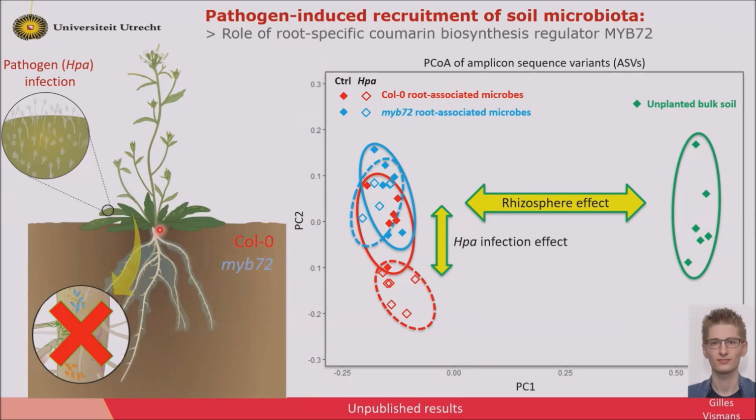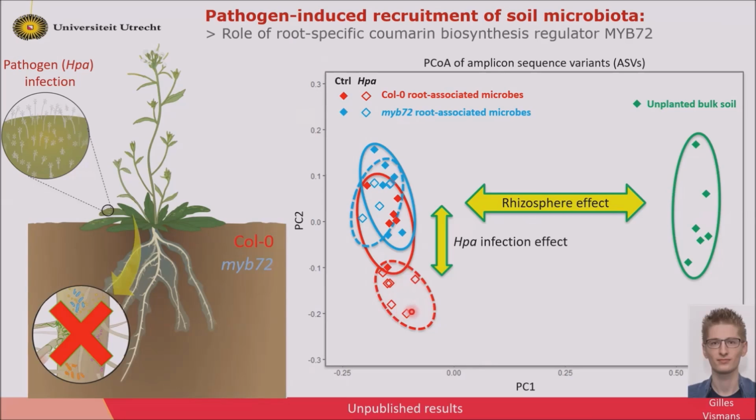So if you grow the wild-type plant in the soil and you inoculate it with the downy mildew pathogen, then here in red, the closed symbols are the microbial communities in the rhizosphere of healthy wild-type plants. If you look at the microbial community in the rhizosphere of downy mildew pathogen infected wild-type plants, those are the open red symbols, and you see a nice shift in the microbial community.